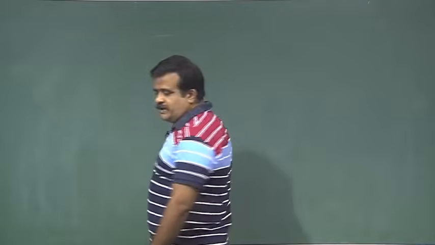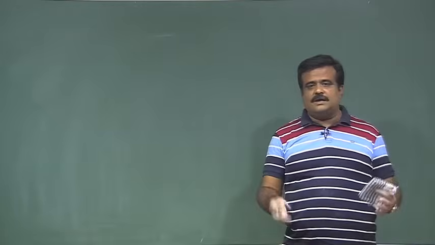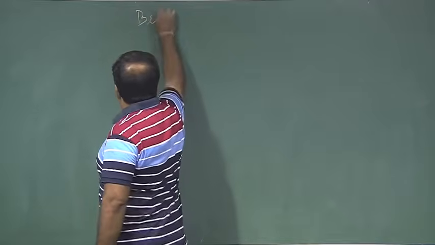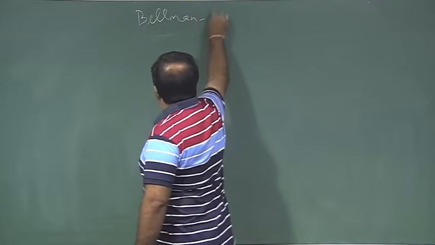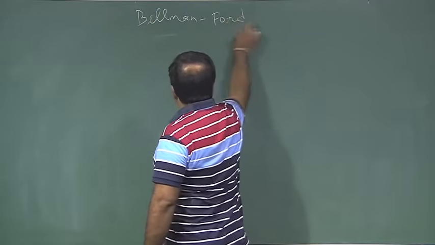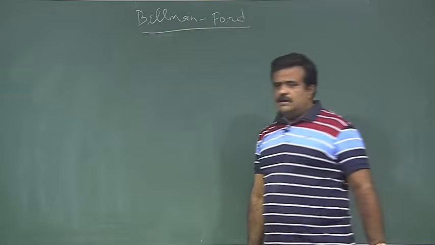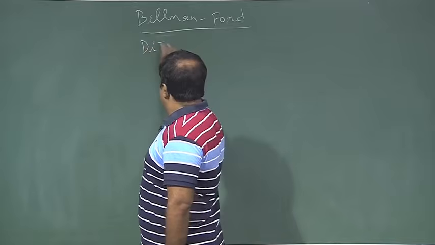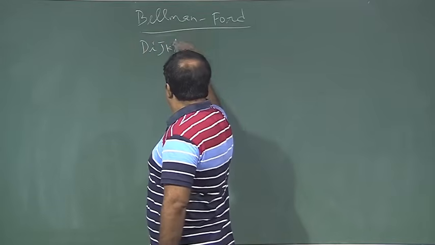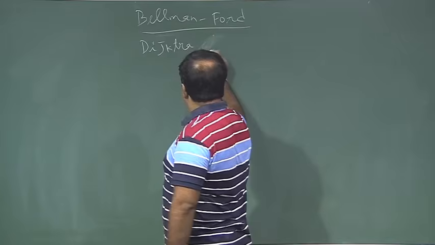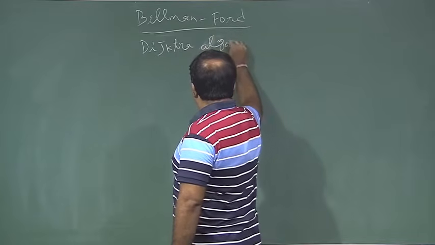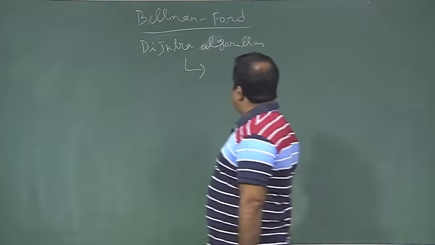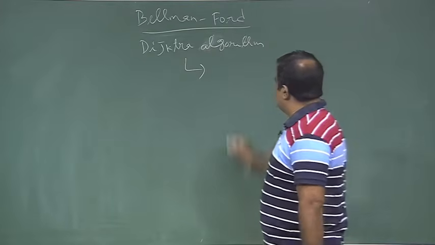Before going to the Bellman-Ford algorithm, let us recap the problem with the negative weight cycle. So far we have seen Dijkstra's algorithm. But in Dijkstra's algorithm, this is a single source shortest path problem.